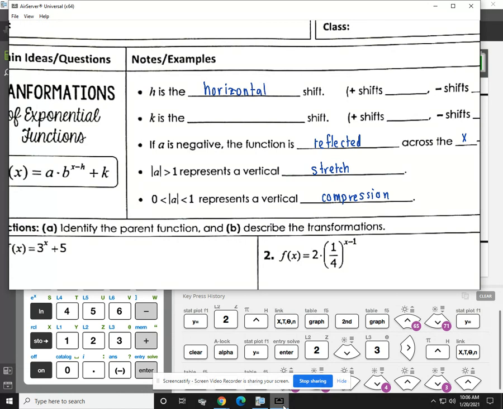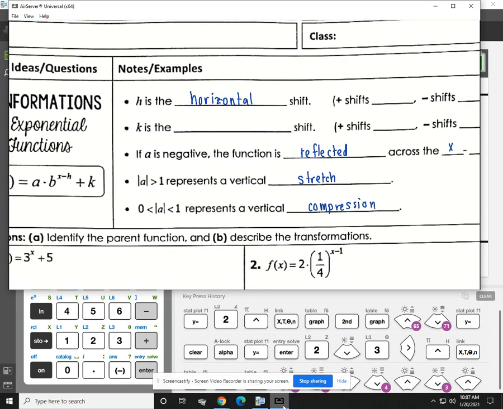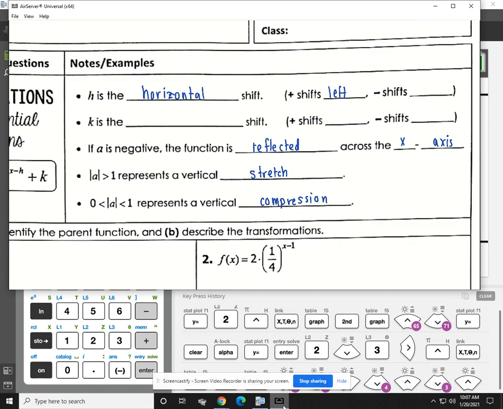And what did we say about horizontal shifts when they're happening inside? It's the opposite. So if this says minus h, h is actually going to be positive horizontal shift to the right. But if that said plus h, it's actually a negative horizontal shift. So it would go left. So positive means left, and negative means right.